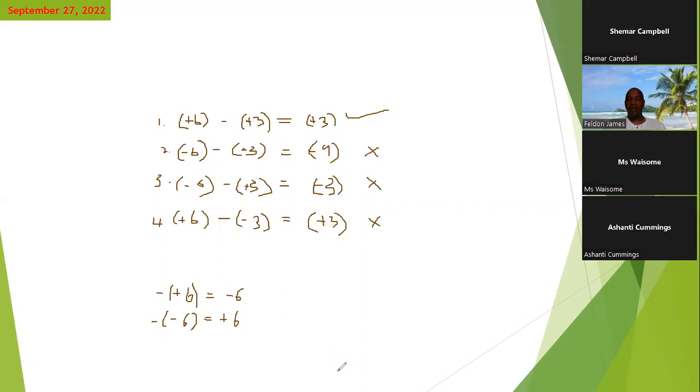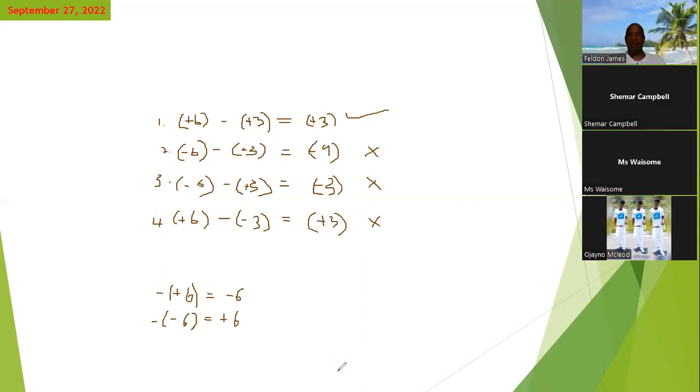Now, one way in which you can remember this: when you have a negative in front of the brackets, when you remove the brackets after you multiply it out by the -1, what happened to the sign of the answer? It changes to the opposite.